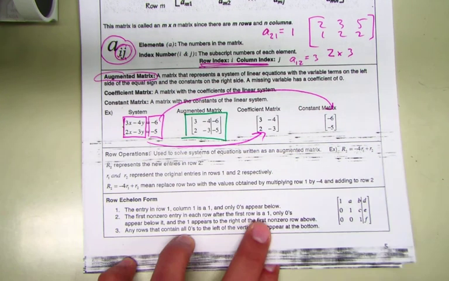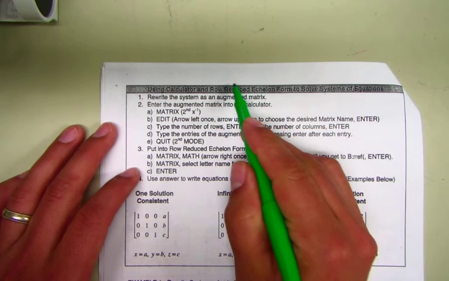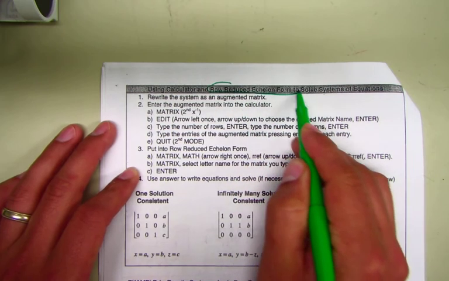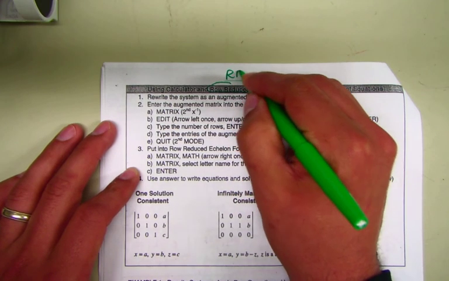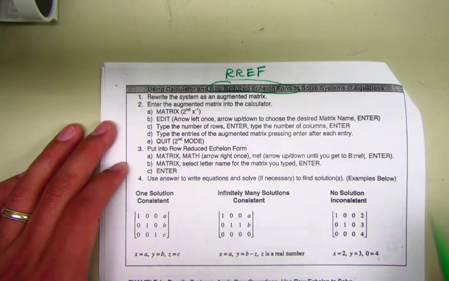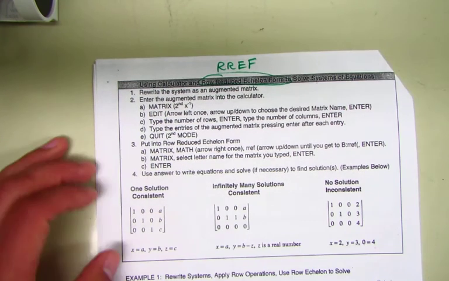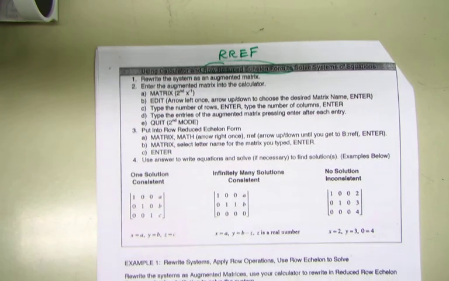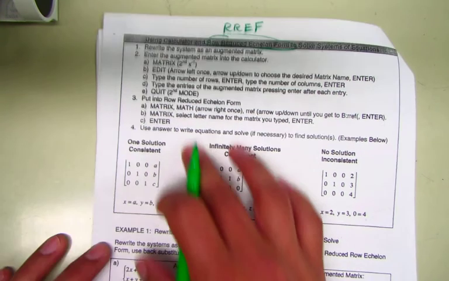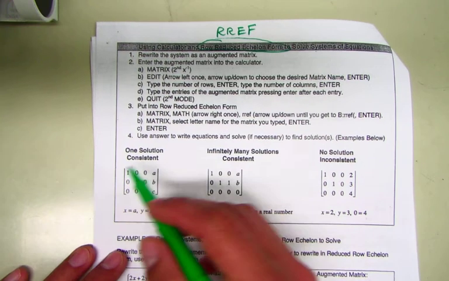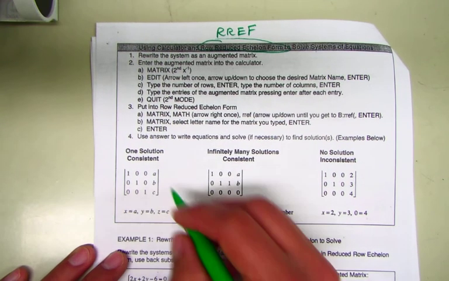Okay. So now, let's just talk about going straight to row reduced echelon form, which is abbreviated RREF. So I'll go through these steps with you in a minute, but let's just go through these matrices over here, okay?